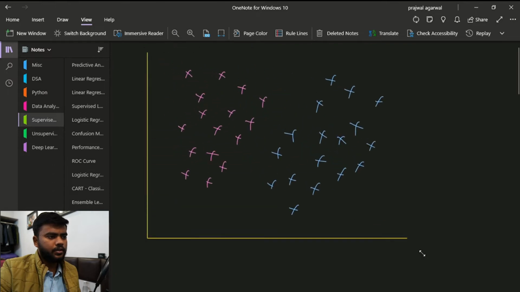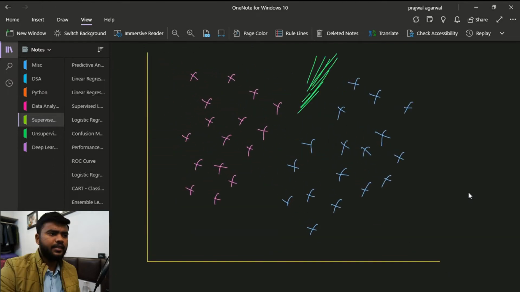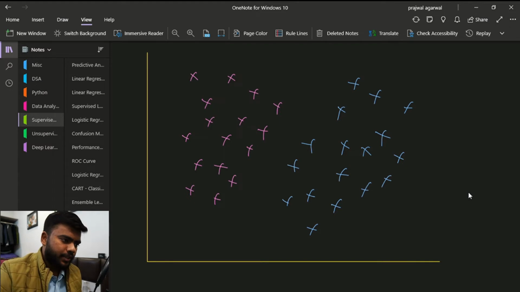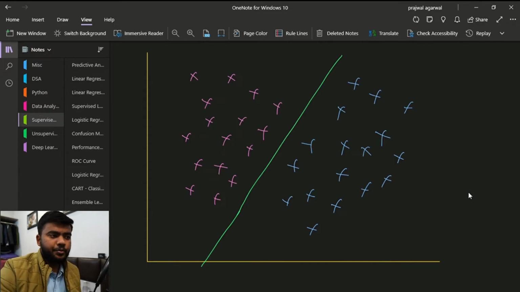Now suppose we have this data set and there are a lot of boundaries that can pass through this region. SVM is going to choose that particular boundary which maximizes the distance of this boundary from the points on either side.